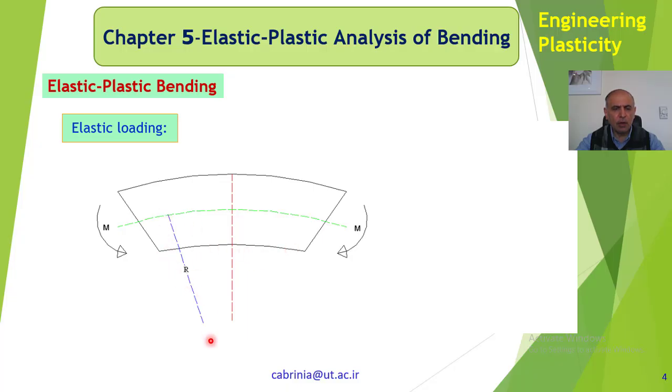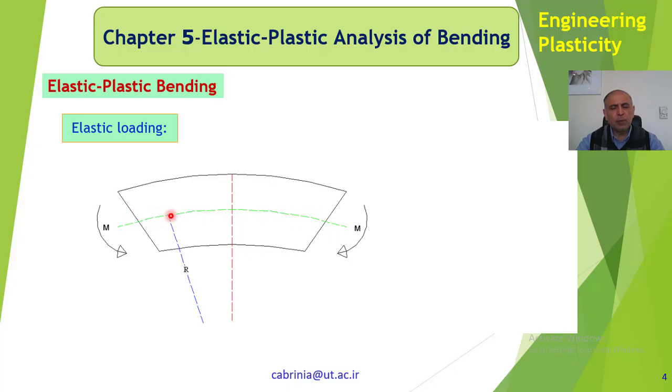This R is the radius of curvature of the beam. This line shown here, the dashed line, in fact is a plane perpendicular to the display that you are seeing now.